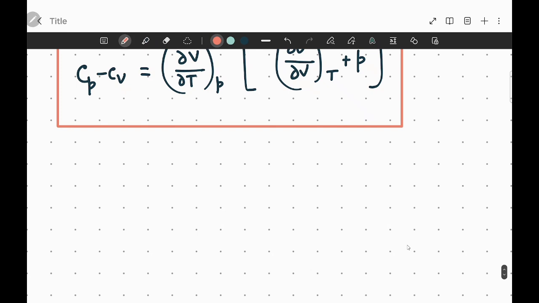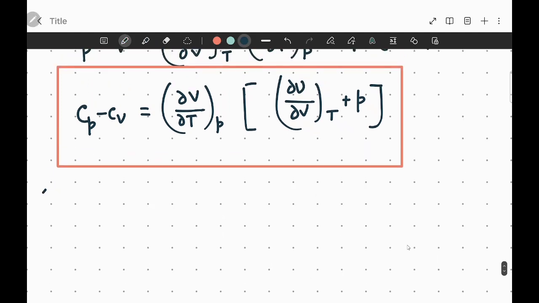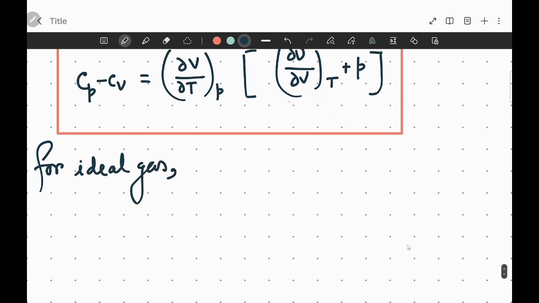So we can check for an ideal gas. For an ideal gas, del U del V at constant T will be 0.